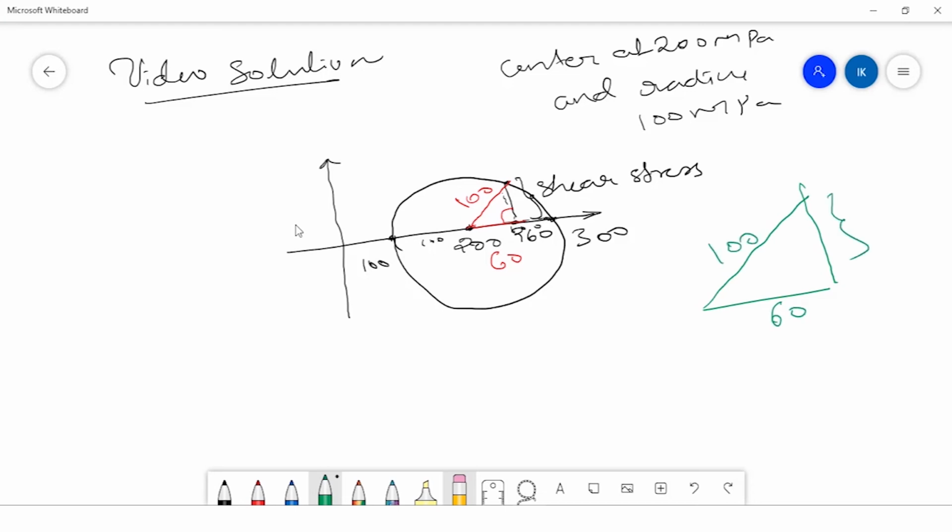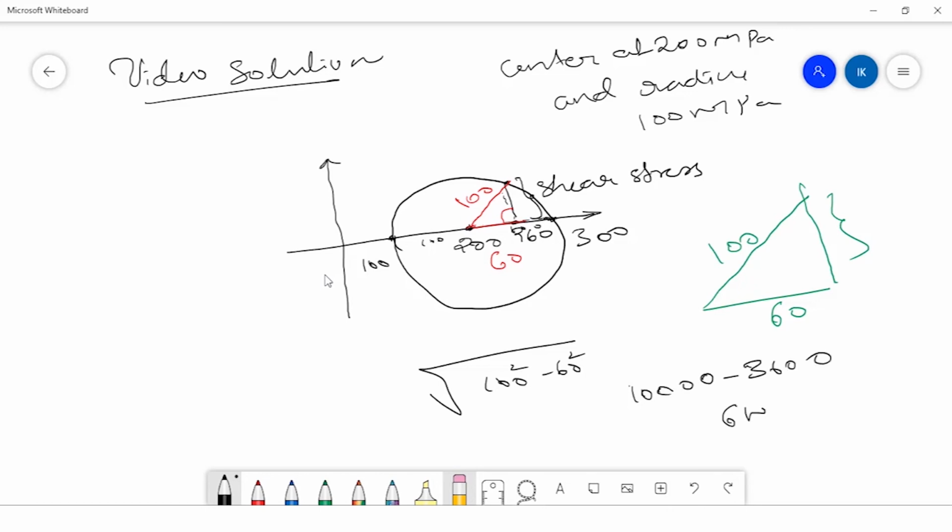We have to find this length. From the Pythagoras theorem, it is nothing but the square root of 100 squared minus 60 squared, that is 10,000 minus 3,600, which becomes 6,400, and the root of that is 80. Therefore, the magnitude of the shear stress is 80 MPa.